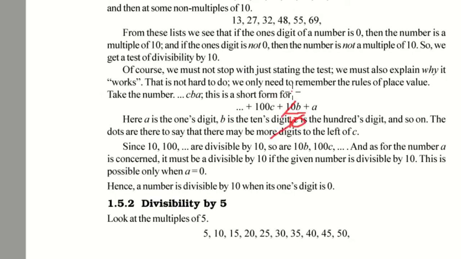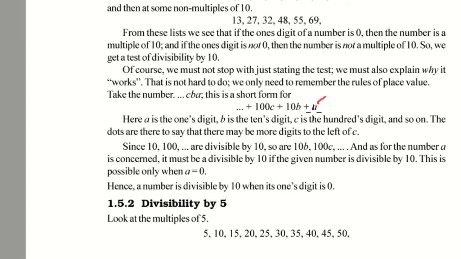The 100's place is divisible by 10. Even the 1000's place is divisible by 10. And the pattern follows. Every other digit is divisible by 10 except for the 1's place.